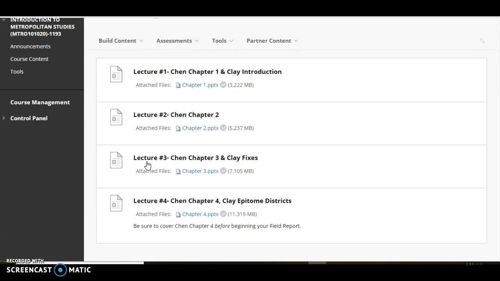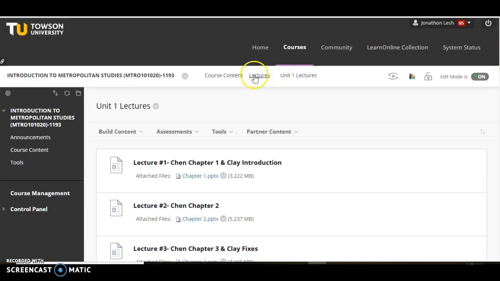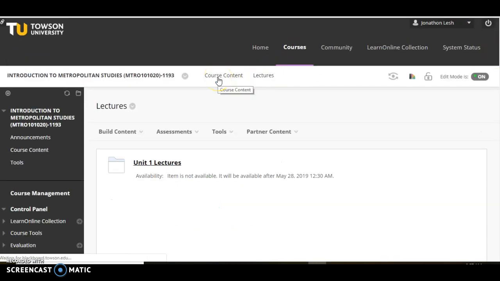The Unit 2 lectures and the Unit 2 chapter assignments will be available on the first day of Unit 2. So while you can work ahead within the unit, we do have breaks. So Unit 1, we'll close that, we'll open Unit 2, close that, open Unit 3. And we'll go back here to course content.